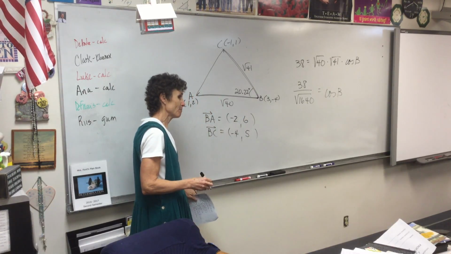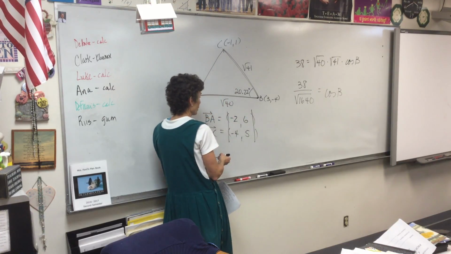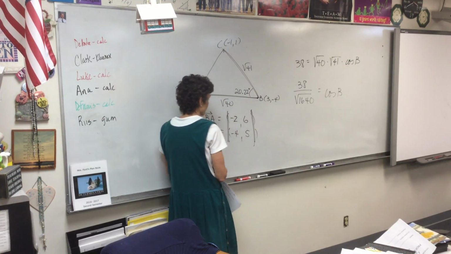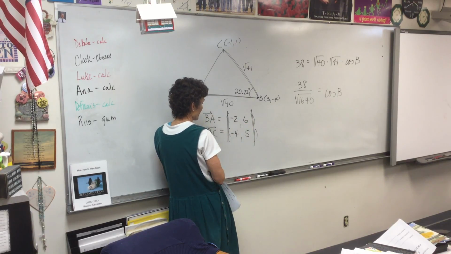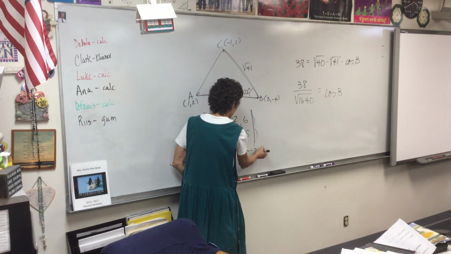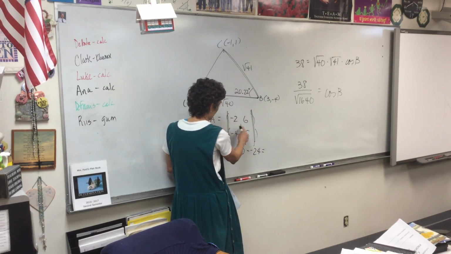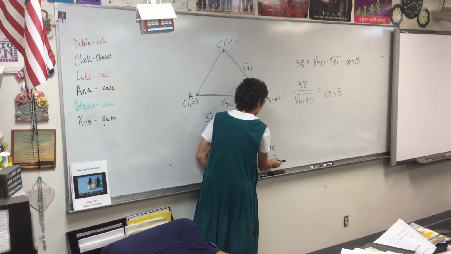I showed you something else the other day, which you can take or leave, but you can also find the area by just making a little determinant out of these two vectors you made, and it would be -10 minus -24, so that would be 14 divided by 2.